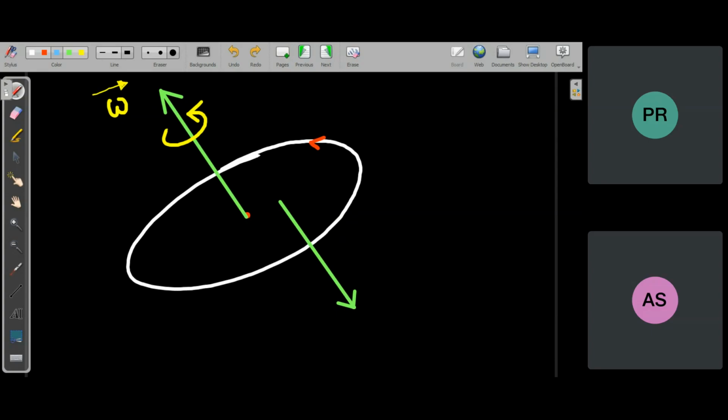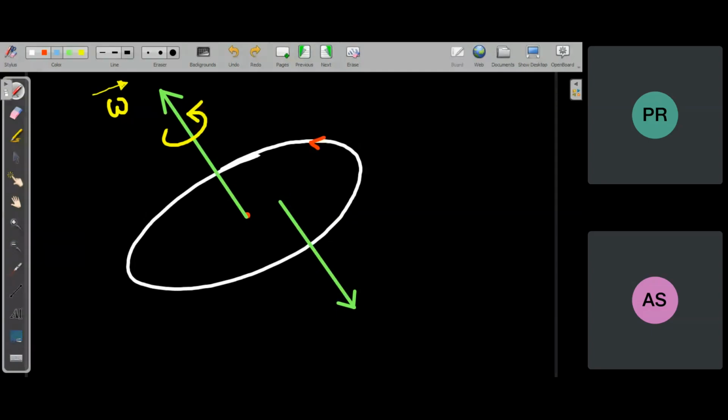We should consider angular speed, no, sir, because the sum should be consistent. So there is no problem. Angular speed only, not angular velocity. Angular speed.